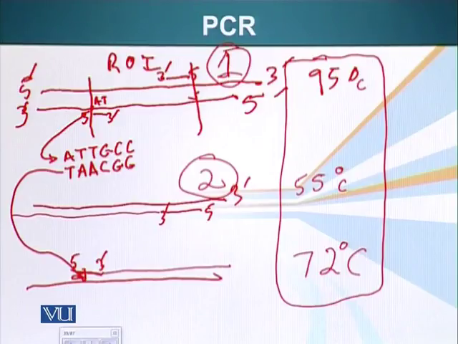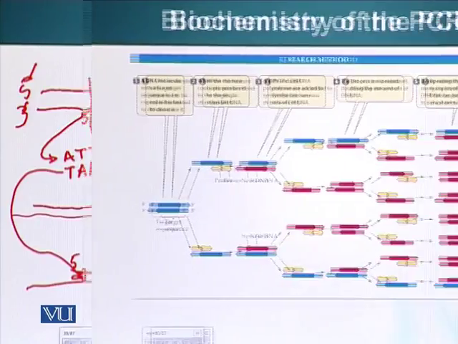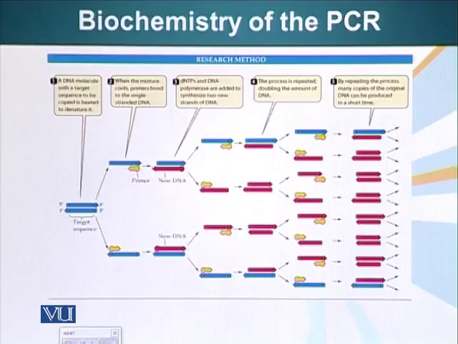So let's look at this in a different way. Here again, it is a PCR reaction. So we have target DNA. We heat the sample. The 2 DNA strands separate. The primers here anneal. The arrow is the 3' end. So we again raise the temperature.